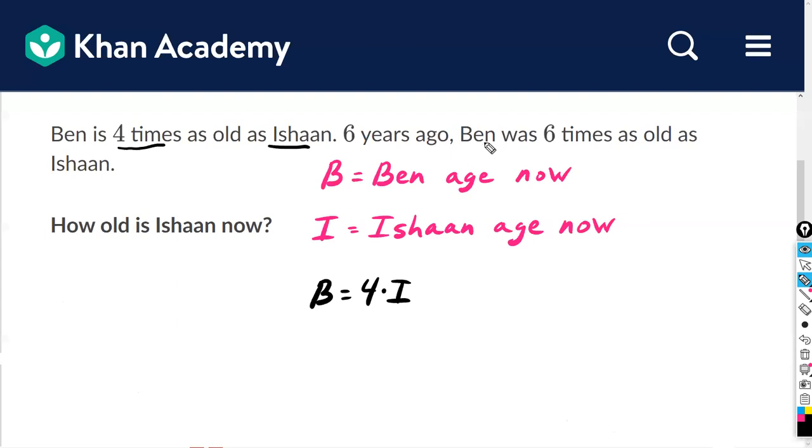6 years ago, Ben was 6 times as old as Ishaan. Okay, so we're going to subtract 6 from both of these at first. Since it was 6 years ago, we're going to do minus 6. So Ben's age 6 years ago is going to be 6 times Ishaan's age 6 years ago.